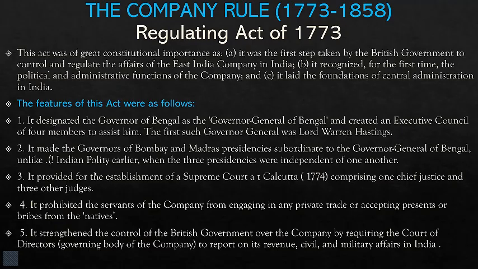Second, it made the governors of Bombay and Madras presidencies subordinate to the Governor General of Bengal, as I already said. Earlier, the three presidencies, Bombay, Madras and Bengal, were independent of one another, and their governors were independent of one another.